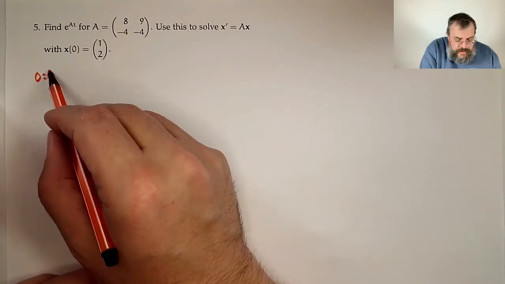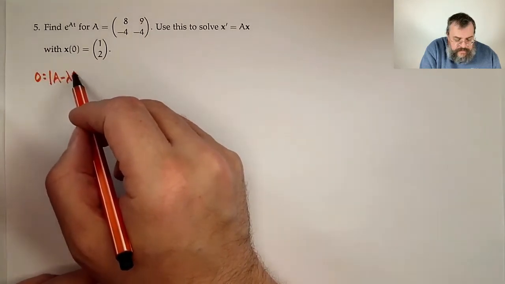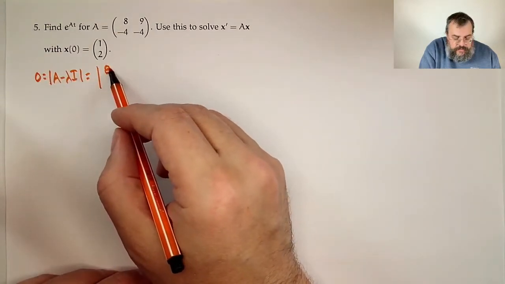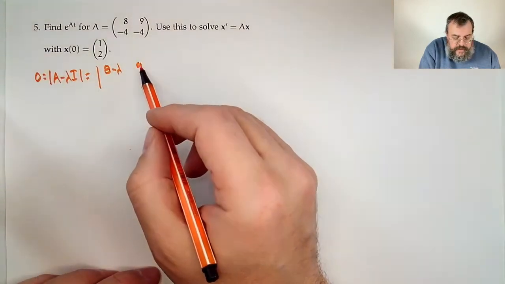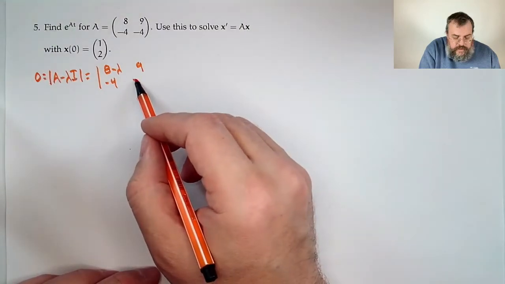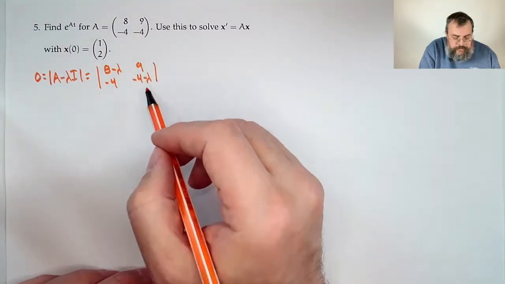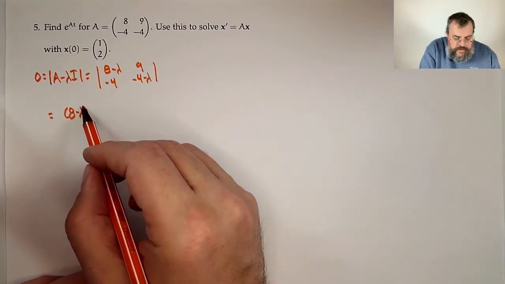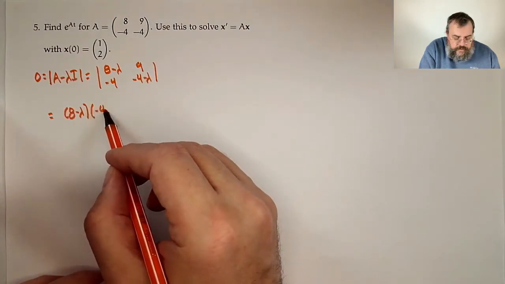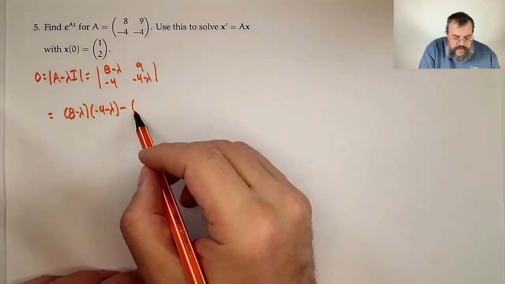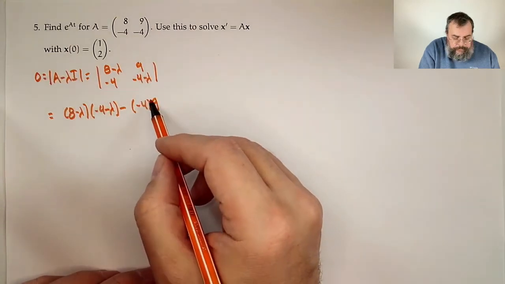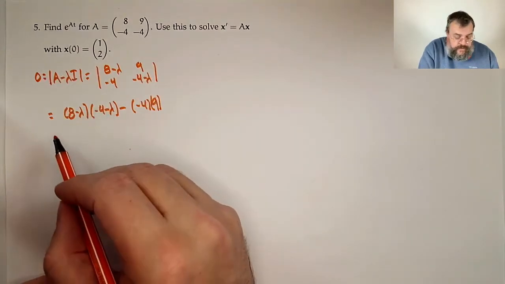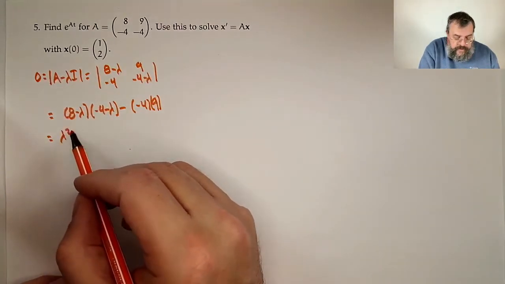Set 0 equal to the determinant of A minus lambda I, which is equal to [8 minus lambda, 9; -4, -4 minus lambda]. So that's going to be 8 minus lambda times minus 4 minus lambda, subtract negative 4 times 9. Minus lambda times minus lambda is lambda squared.